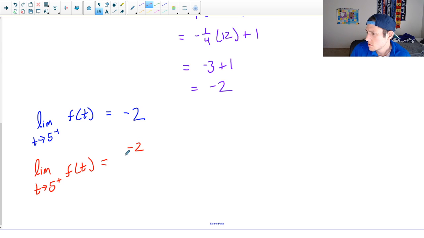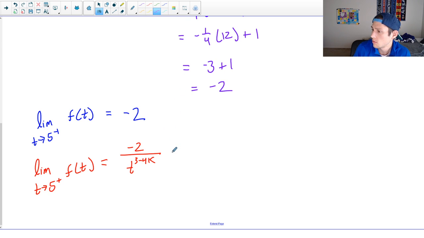So negative 2 over, I already forgot what it was, t to the 3 minus 4k. All right, and my goal here is that I want this to equal negative 2, right?